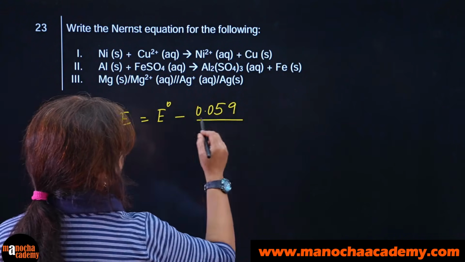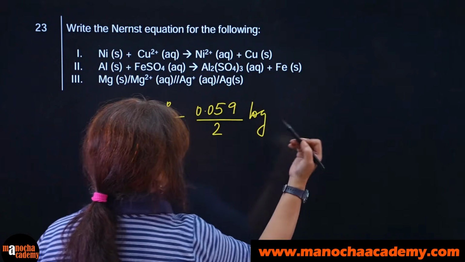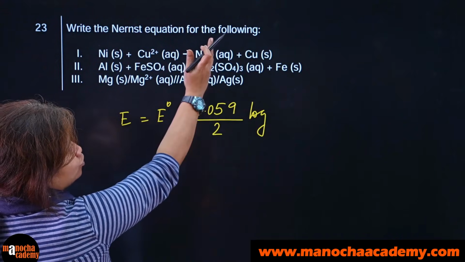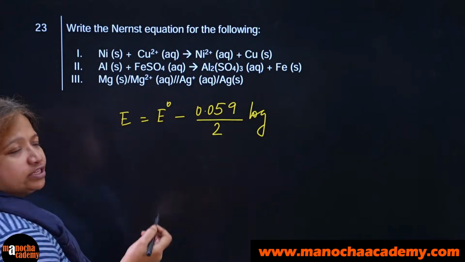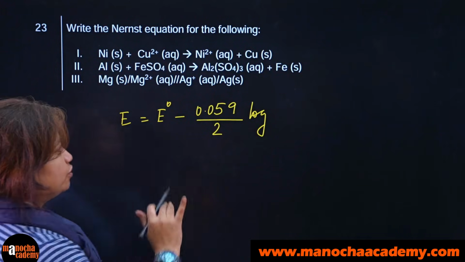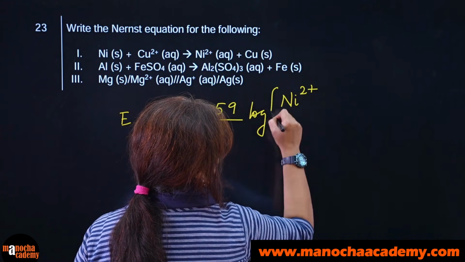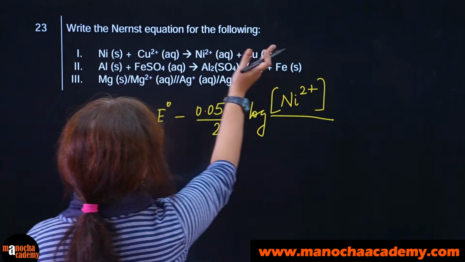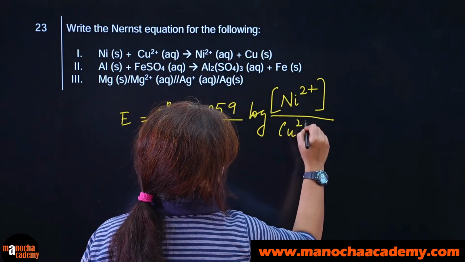So we write here 2 log of, log means right by left. So Ni2+ is obviously right. And the stoichiometric coefficient is perfect here because for both the electron exchange is 2. So it's simple, Ni2+ molar concentration, by left side we have Cu2+, so Cu2+ concentration.